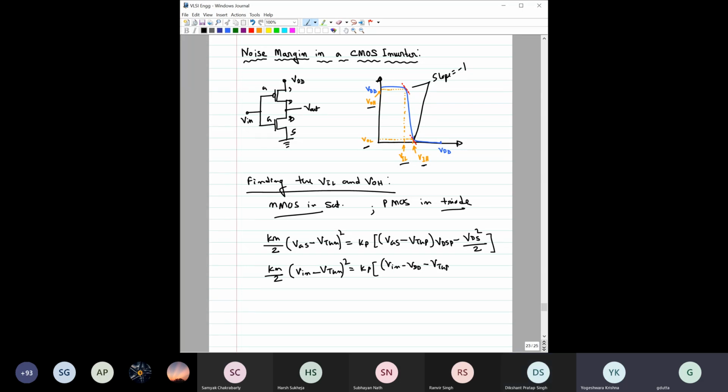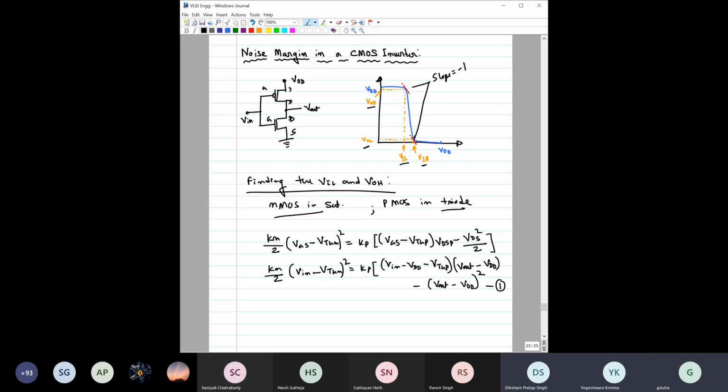Right. Now it is VTHP. And what is this VDSP? This is Vout minus VDD, and here it is (Vout minus VDD) squared. So this is basically one equation.